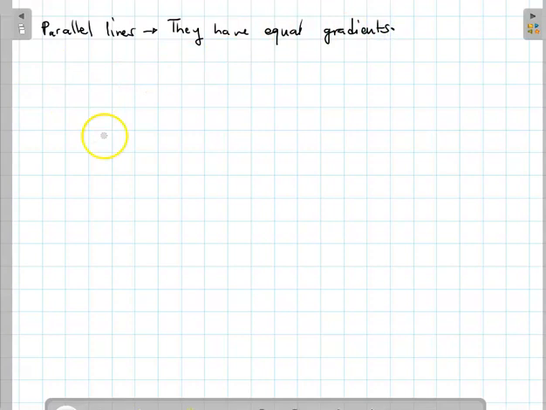So let me say I give you two lines here. I give you line 1, and then I give you line 2. So these are parallel lines.